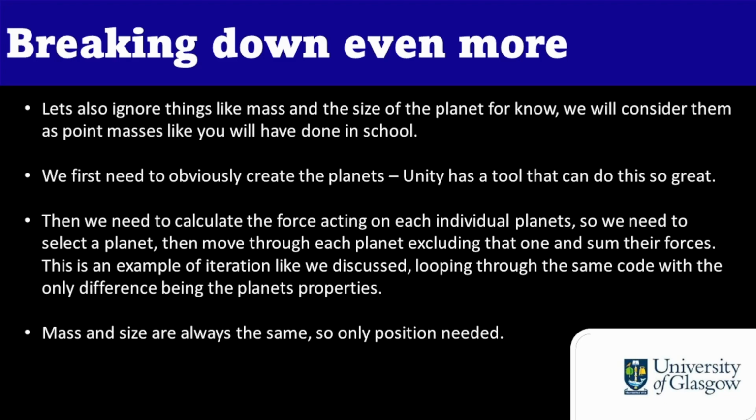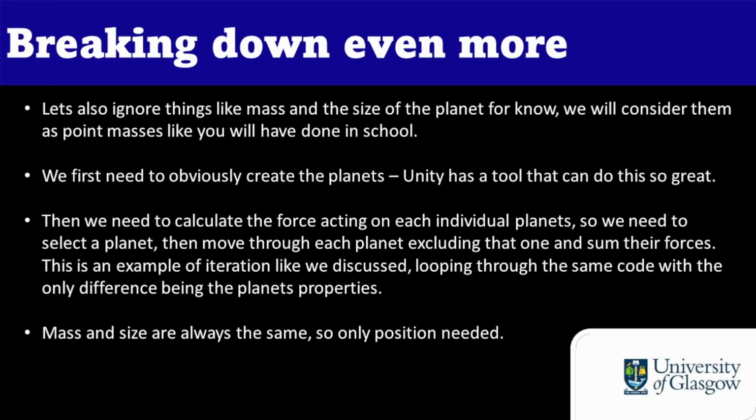Okay, so how would we actually calculate that force in code? Well, that equation really, moving through those planets, is actually a form of iteration like we discussed in the last video. We're applying the same code essentially to just different objects, different planets. So we can just iterate through them one at a time and do that, which is great.